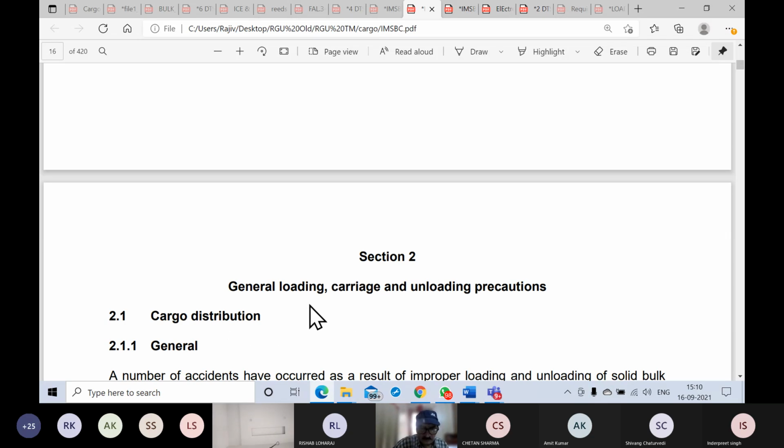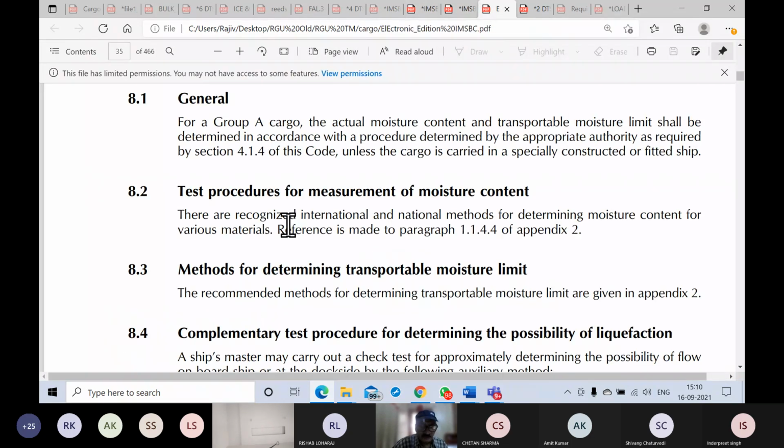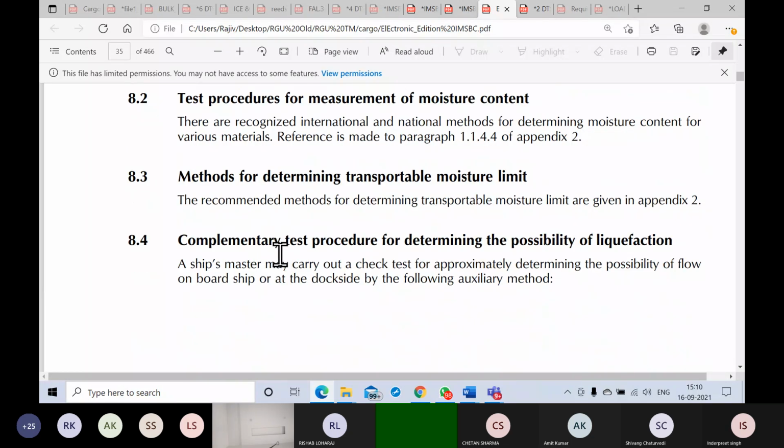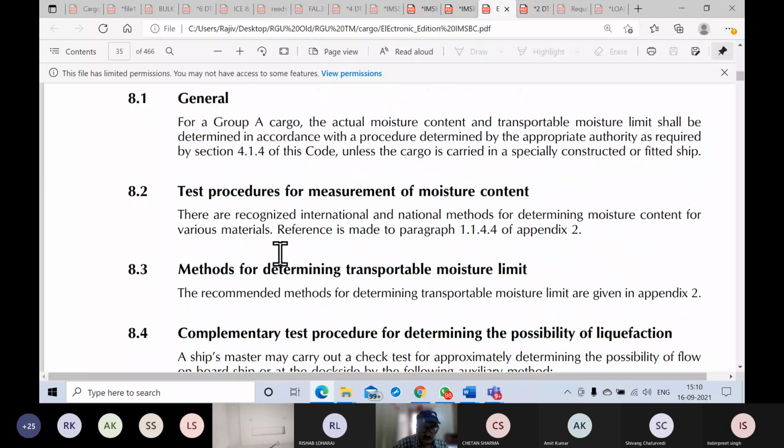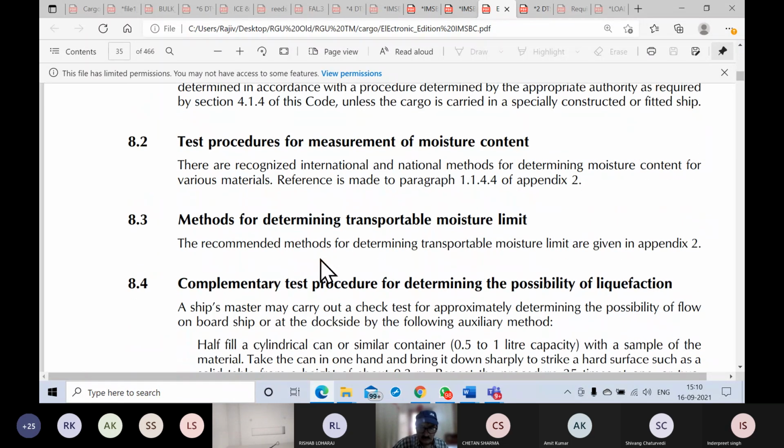This we have seen: general loading, unloading precautions. 1 minute. We come back. Let's have a look at the test procedures. Now, there are test procedures, of course, for moisture content, which is given in Appendix 2, and then TML again in Appendix 2 given.